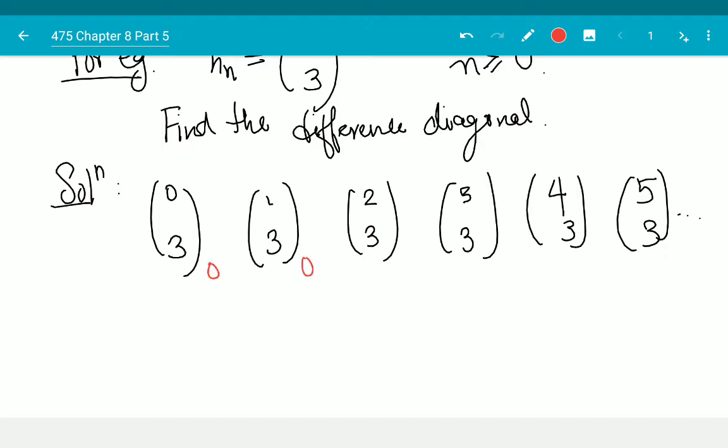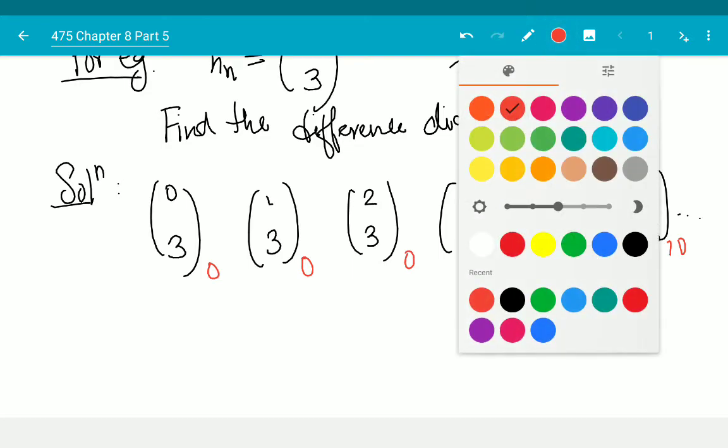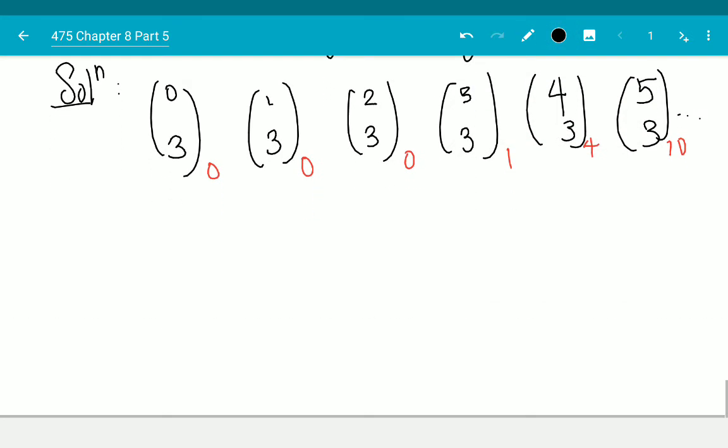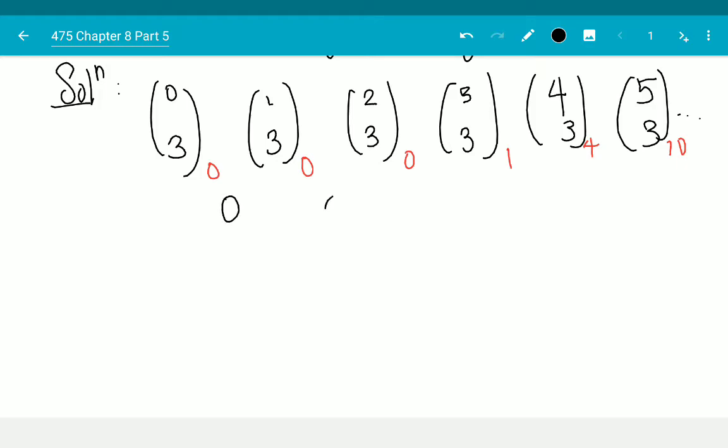This is 0, this is 0, this is 0, this is 1, this is 4, this is 10, and so on. Well, let us look at their differences. 0, 0, difference is 0; 0, 0, difference is 0; 0, 1, difference is 1; 1, 4, difference is 3; 4, 10, difference is 6. The next one is 6 choose 3, which is 20. 10 and 20 have a difference of 10. Okay.